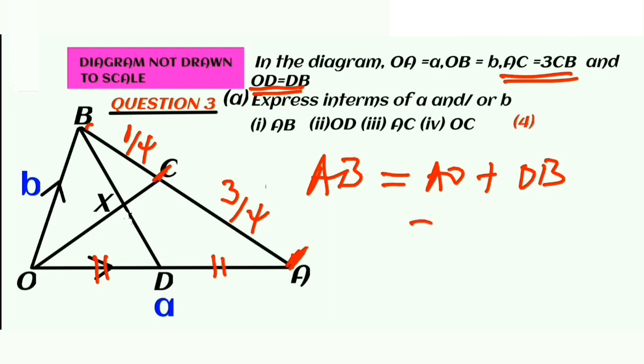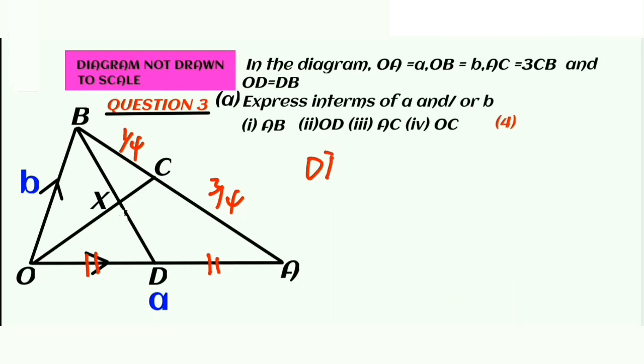So AO, that is minus A plus B. Then this is B minus A. I prefer you to write the negative number at the end. Of course, minus A plus B is correct, but I want you to leave it as B minus A. So this is AB.